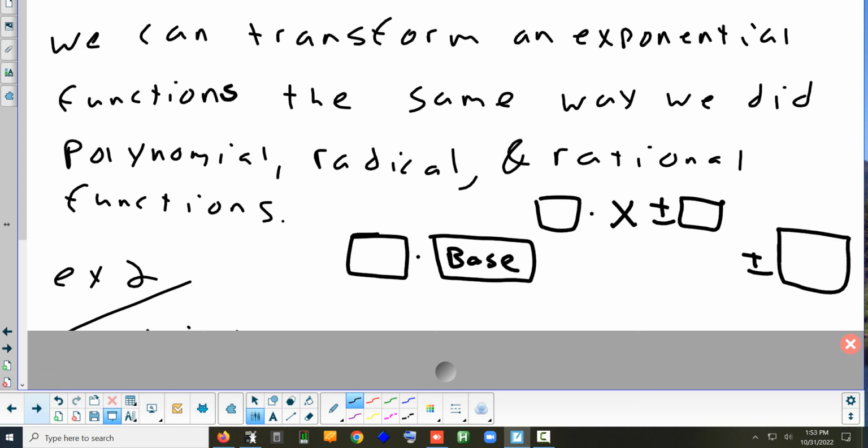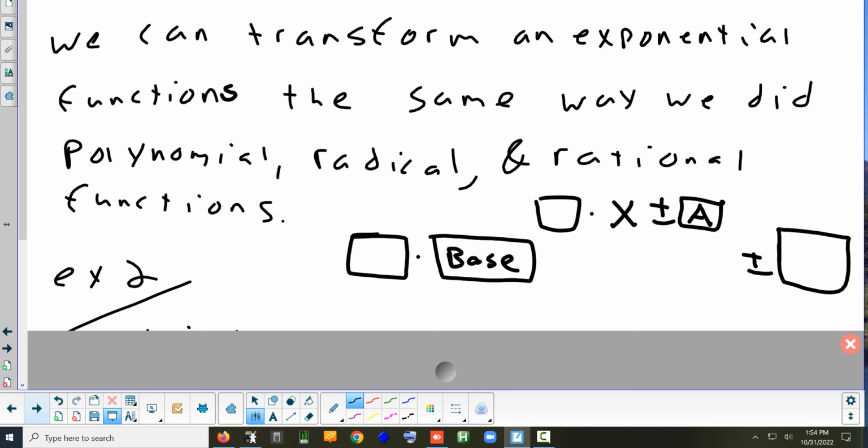We could have a plus or minus at the end. I'll put letters in those boxes as we go, so you know which one is first, second, third, and fourth. Okay. So if you had a number that was added or subtracted in the exponent, that is the first thing you would do.